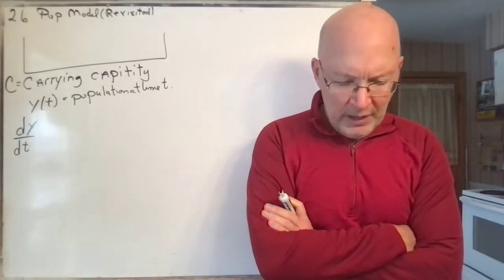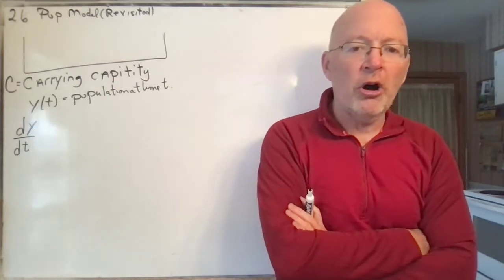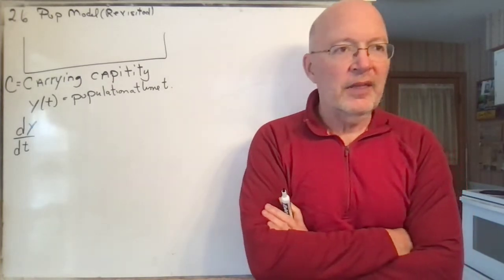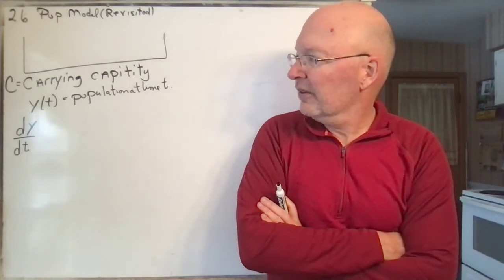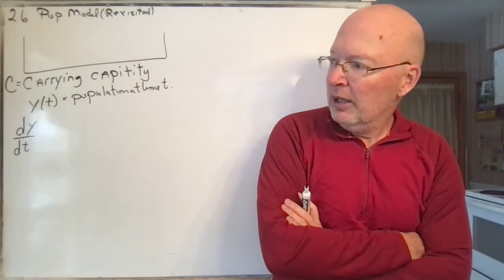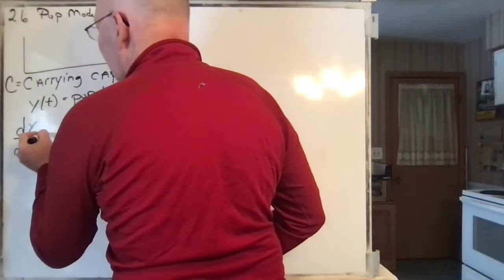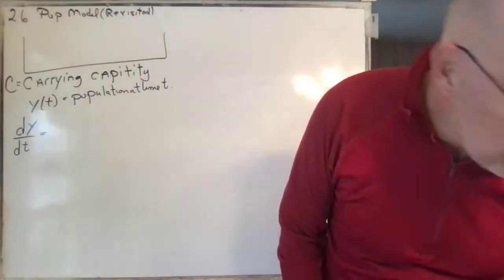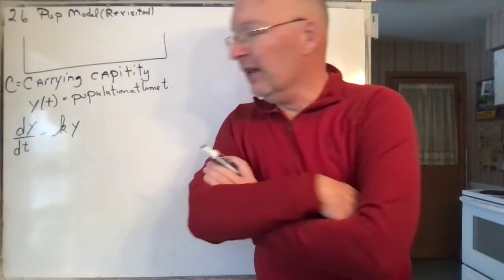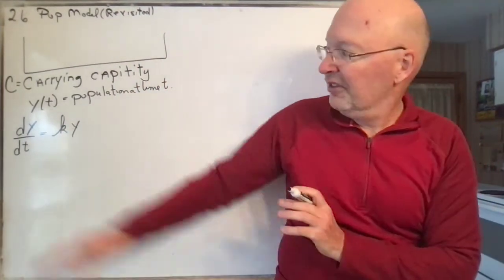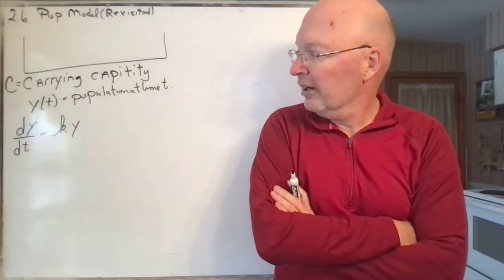First of all, if the population is very small compared to the carrying capacity, then it's just going to grow exponentially. Okay, then it doesn't even realize that it's in this finite environment, and it's going to just grow. So we want something to indicate that this thing is just going to grow as before, and I'm just going to put a ky there to indicate that you've got this exponential growth, the same as we had before. Okay, it just grows proportional to how much is there.